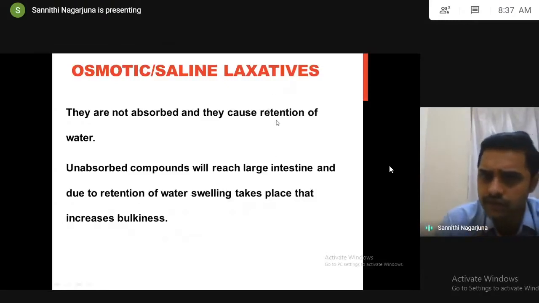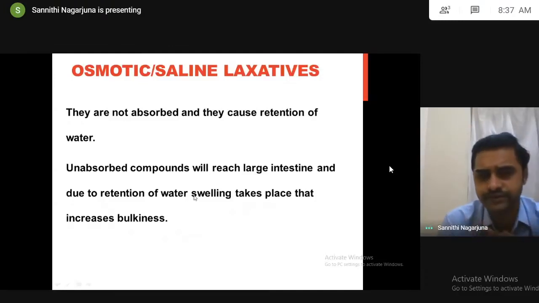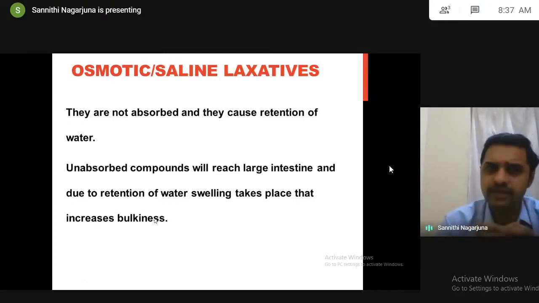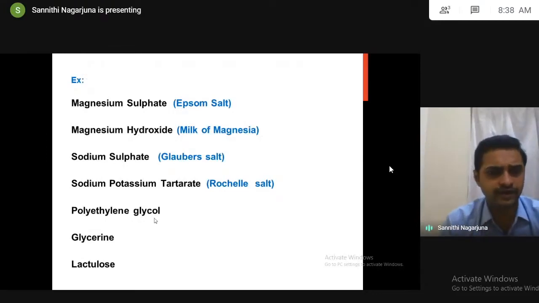Because of the retention of water, the compounds swell. Due to retention of swelled compounds in the large intestine, that creates bulkiness once again, which causes free passage of stools. The examples are like this.